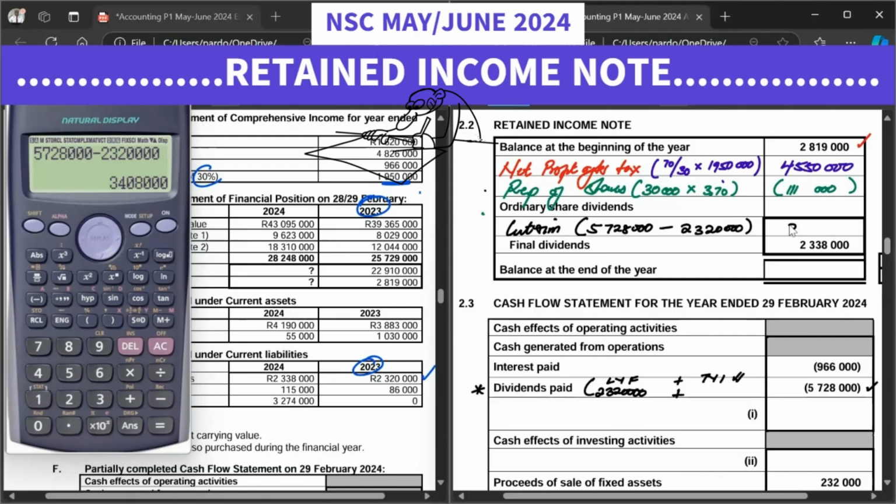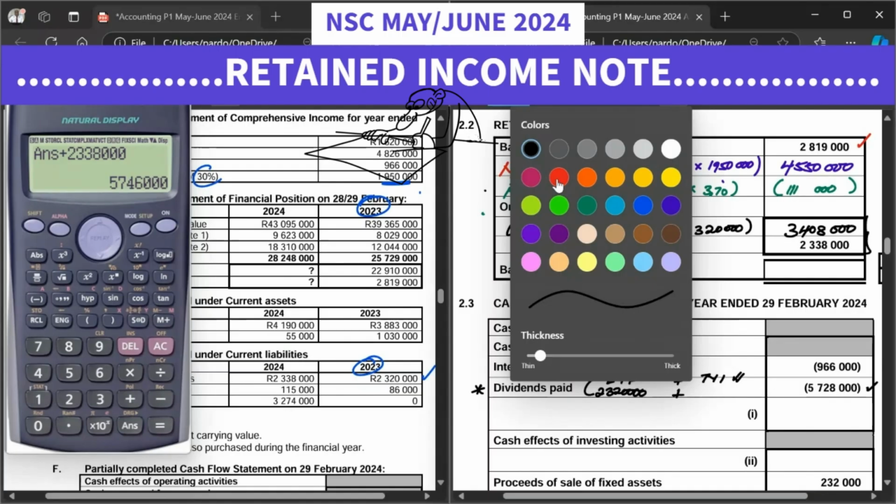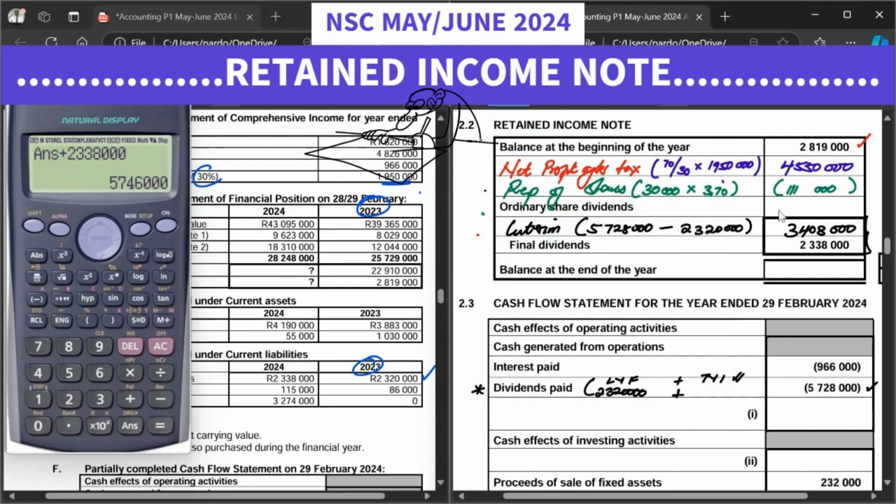So I end up here with 3,408,000. That becomes my interim dividend for the year. And then I can simply add those two amounts. So I'm going to say my 3,408,000 plus the 2,338,000, which is the final dividends for this year. And then the top amount, which is now my ordinary share dividends, is going to be 5,746,000. Remember, in brackets, 5,746,000 in brackets.